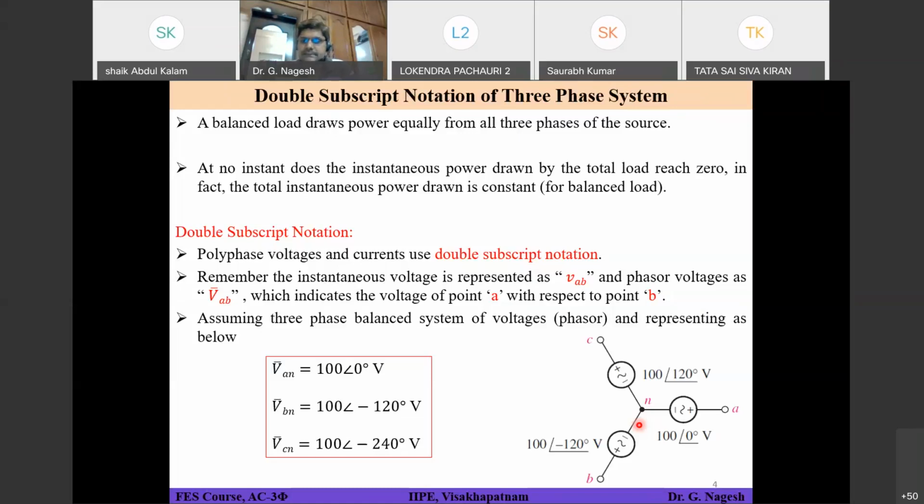If in case you develop a system which has 6 phases, let's say, in that scenario you will have 60 degrees phase shift between different phases. If you develop a 9 phase system, accordingly 360 divided by 9, that much will be your phase shift between different phases.